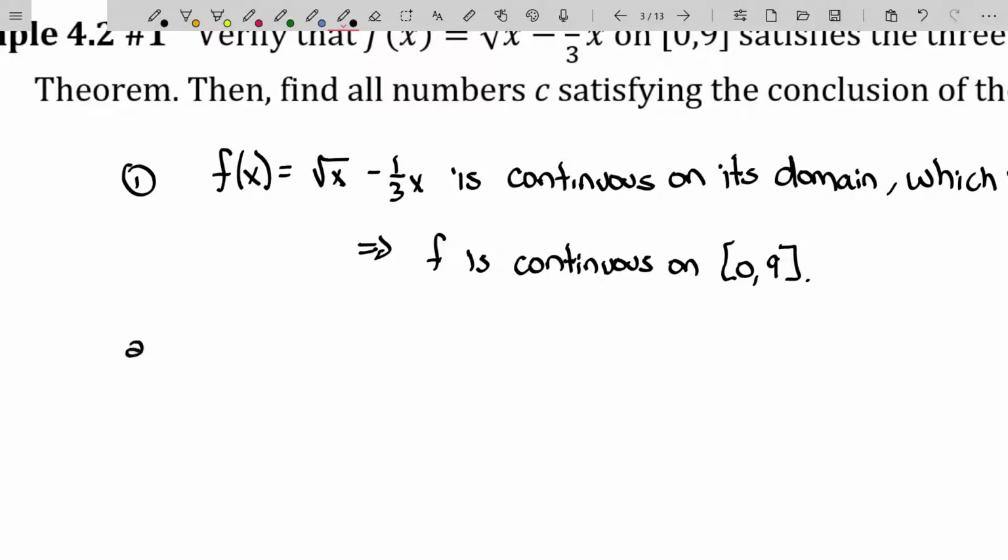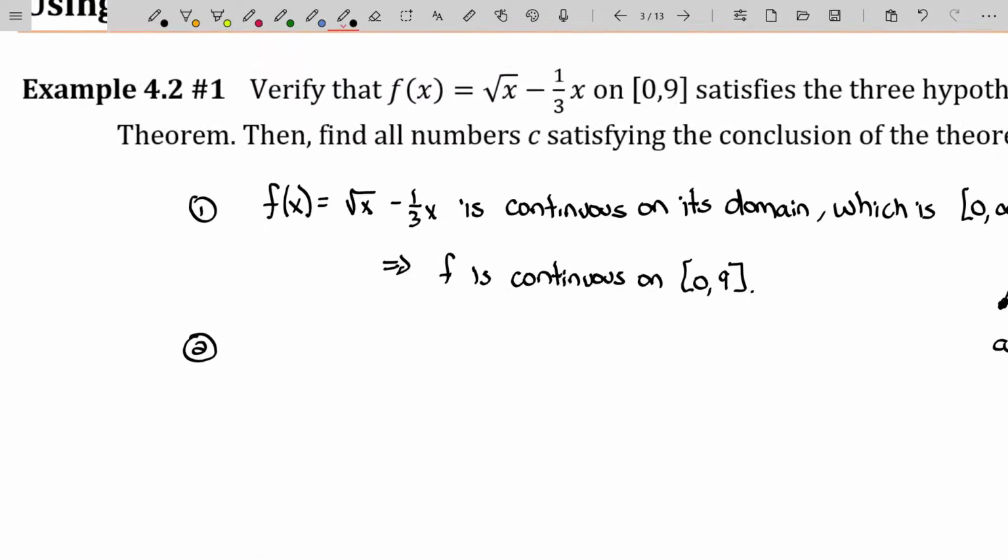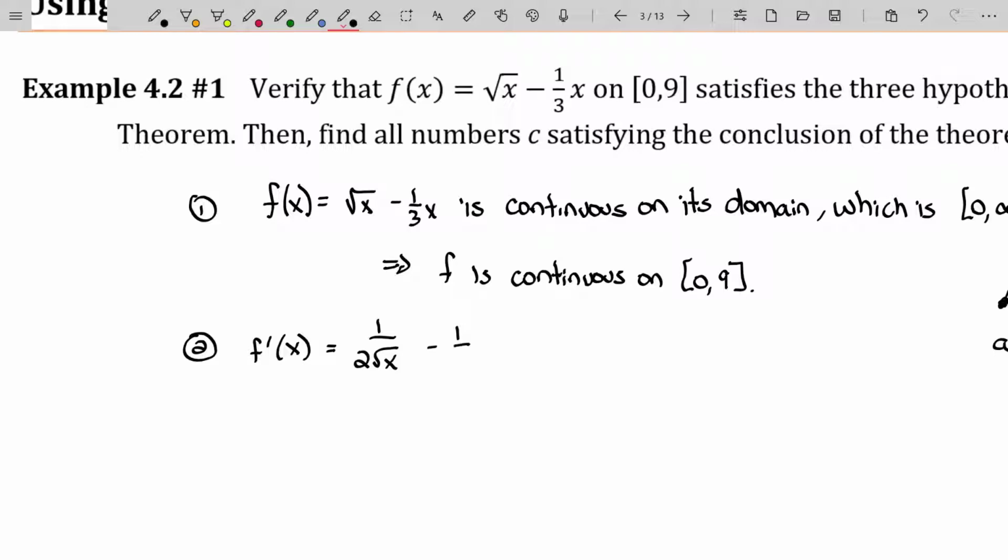Our second condition is we need the function to be differentiable. The best way to do that is to find what f prime is, and you're going to have to do that anyway. You'll see in a moment why. So f prime of x here is 1 over 2 root x minus 1/3.